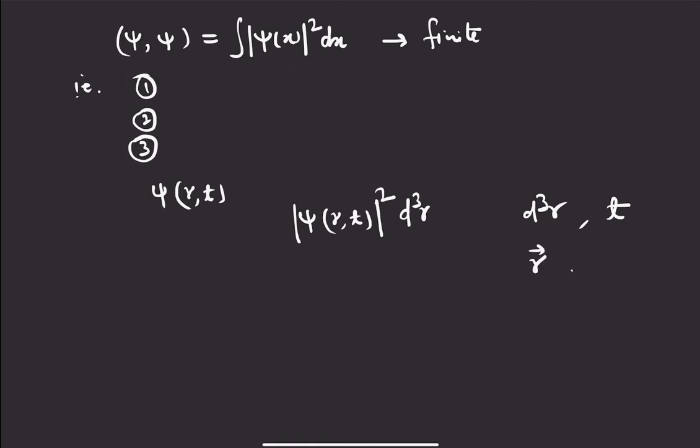Therefore, the probability of finding the particle somewhere in space must be equal to 1.